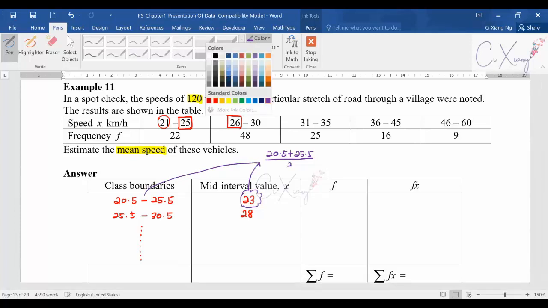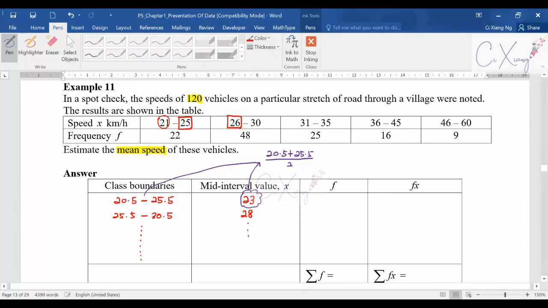Then for the frequency part, you just copy the frequency. Now you have 22, 48, and so on. Then after that you can create a column with fx. fx means the frequency multiplied with x. When you take frequency multiplied with x, you have 506, 1344, and so on.